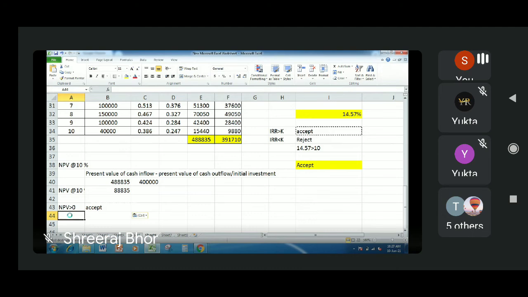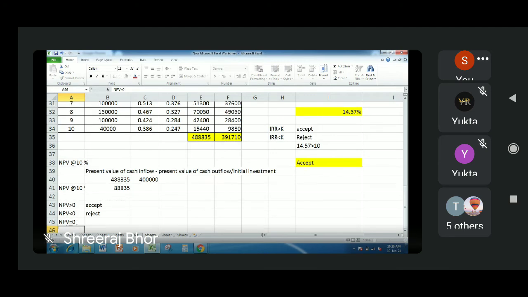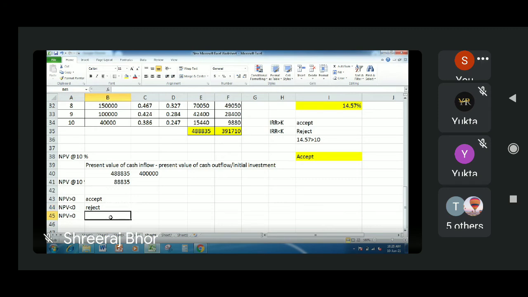If NPV is more than 0, then accept. Next, if NPV is less than 0, then reject. Next, if NPV is equal to 0, then this is indifference.